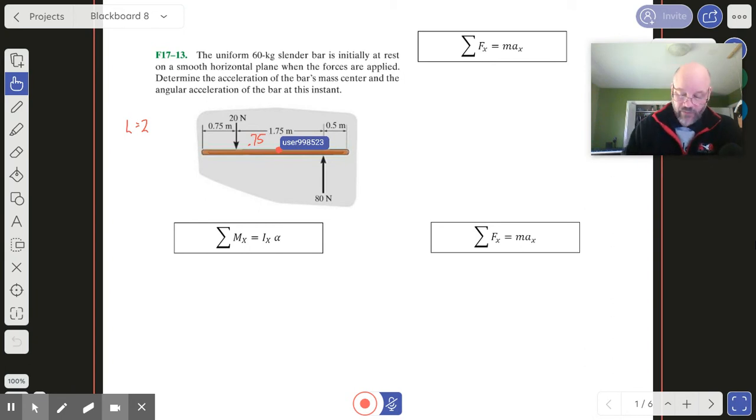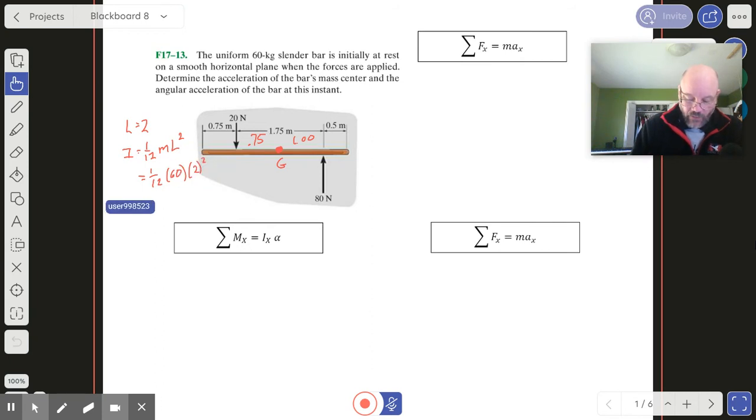Let's go ahead and get the moment of inertia about the center of mass here. We don't need to worry about the weight because remember, we're looking down on top of this thing. But our moment of inertia is going to be 1/12 ml squared. So we've got 1/12 onto a mass of 60, and it's 2 meters long. So I is fairly large at 45. Just like that. Okay.